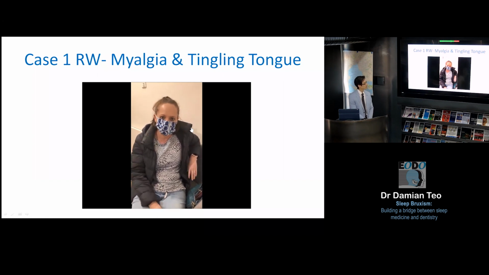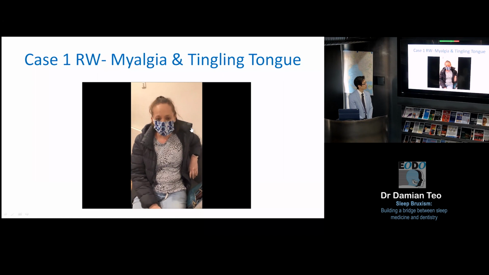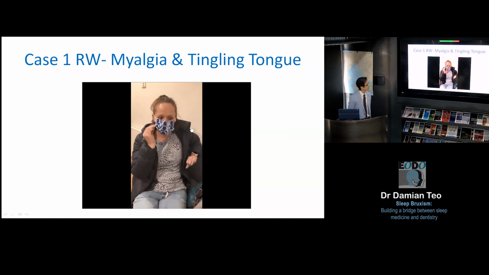The mouth guard has definitely helped. Great. And you used to be getting headaches as well? Yeah, I used to get quite a fair few headaches nearly every day, and since wearing the mouth guard splint, I've only had one major headache, so it's been a big improvement. Great, that's beautiful. And you're just using the mouth guard at night? Yeah, mouth guard at night, top and bottom. Great. Thanks a lot for that.